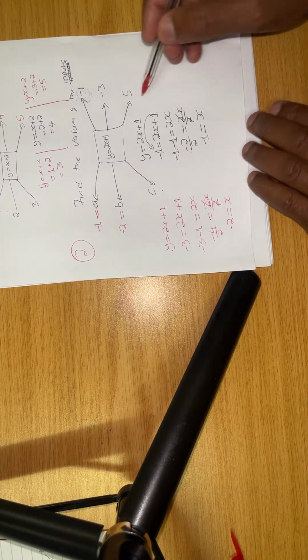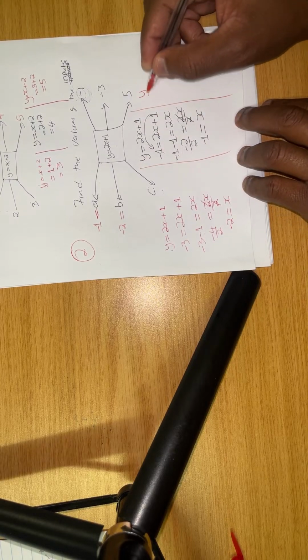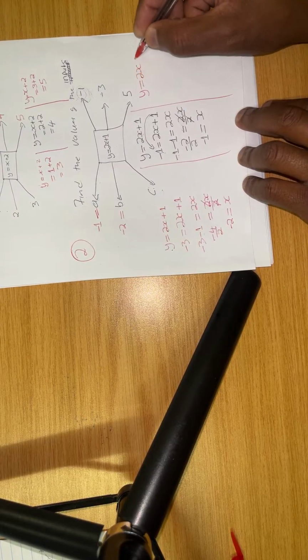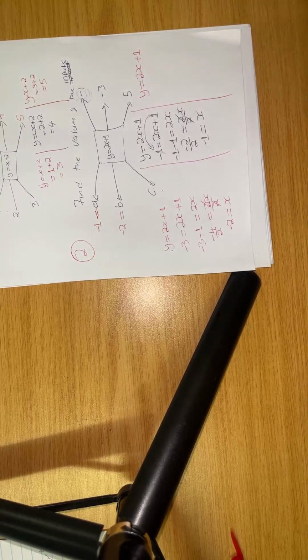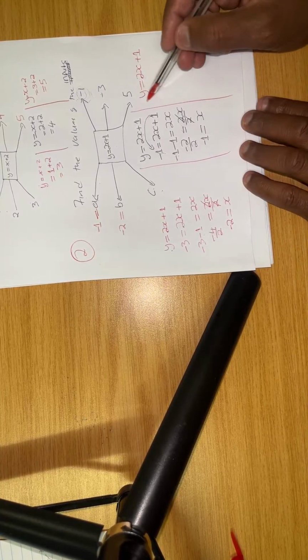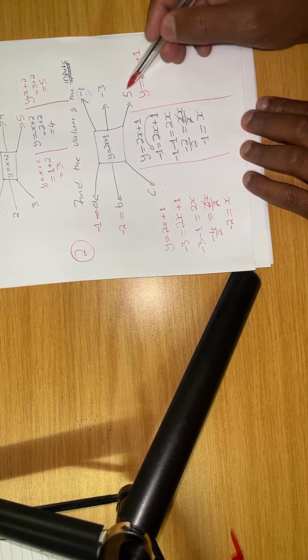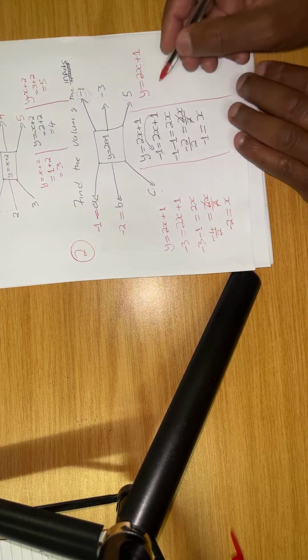The last one, let me write the rule. y equals 2x plus 1. Now, we are going to replace y by 5 because we want to determine the input, the value of x.